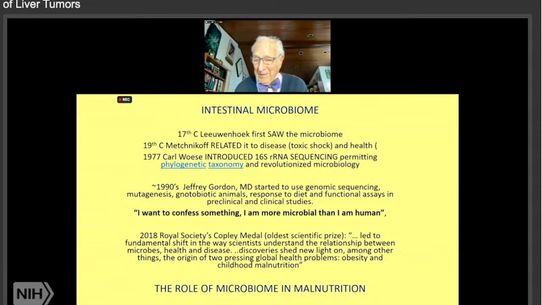But he also related it to the possibility of health, and that by modifying the microbiome, there may be influences on human health. But it wasn't until 1977 when Carl Woese, who discovered archaea, introduced 16S ribosomal RNA sequencing, which revolutionized microbiology and permitted phylogenetic taxonomy to replace descriptive cultural activity, the ability to grow and culture different microorganisms.